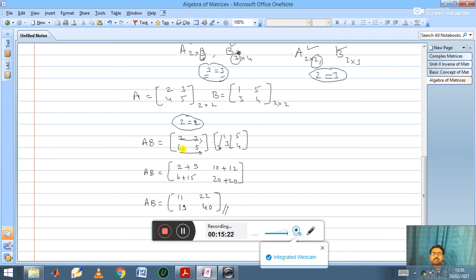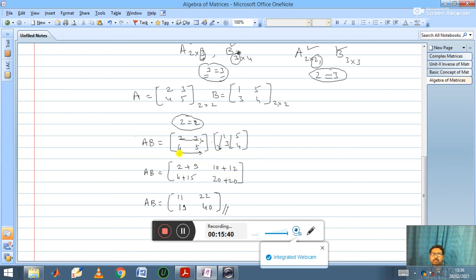Once again, please try to understand. The first row is multiplied with the first column of the second matrix, and you get 2 plus 9. Then you multiply the first row with the second column, and you get 10 plus 12.